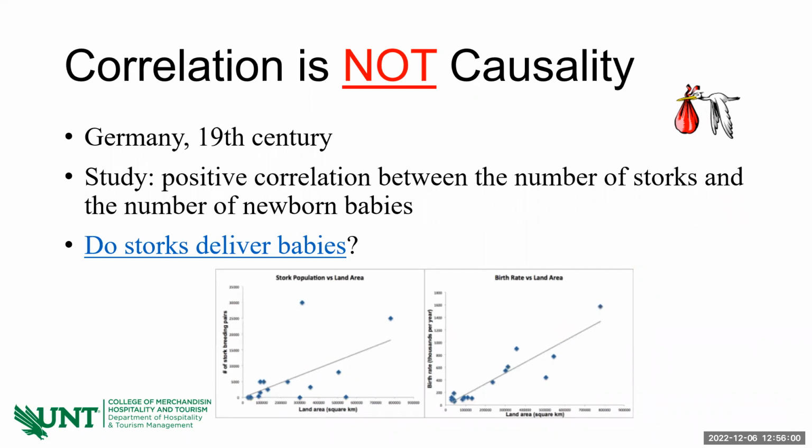So they used the third variable Z, land area, and looked at the correlation between the number of storks and the land area, and the number of newborn babies and the land area, and they found significant correlations in both relationships.